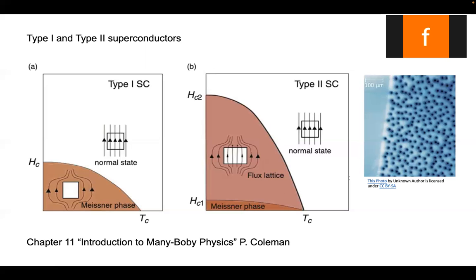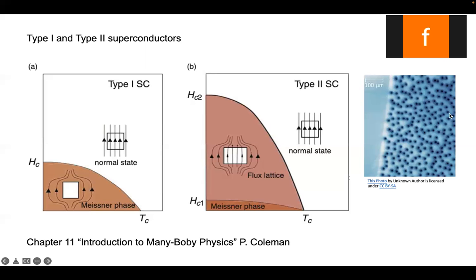You can observe this flux lattice here on the right, in panel B. We see regions with dark dots.